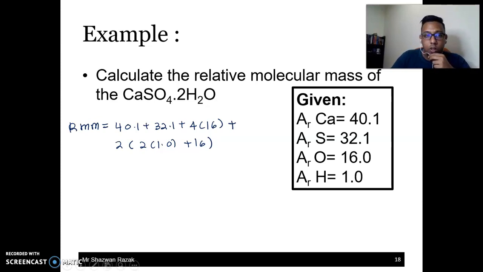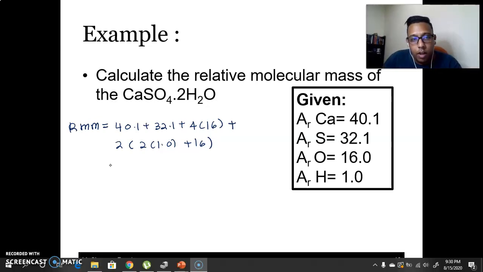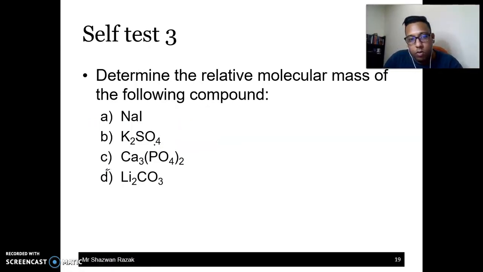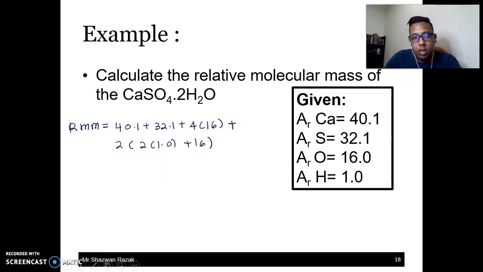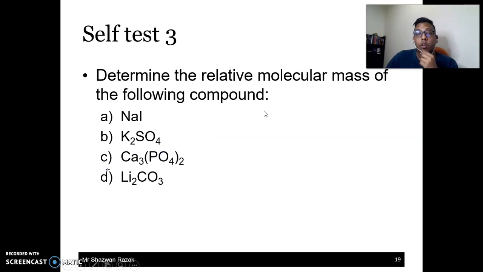Okay, so you will get a mass equal to 172.2. There is no unit because it is relative molecular mass. You can try this on your own.